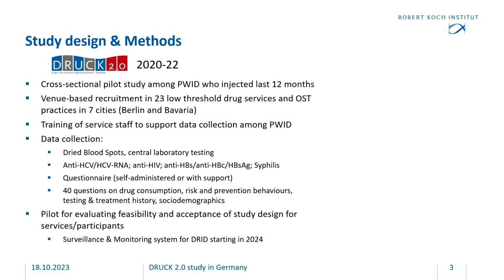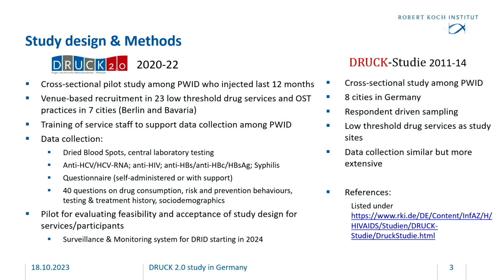And this was a pilot for evaluating feasibility and acceptance among staff and also clients in order to set up a monitoring system which will follow next year and to evaluate the methods for that. And here we can also compare the data with a former study 10 years ago, which was also cross-sectional, also among people who injected in the last 12 months.